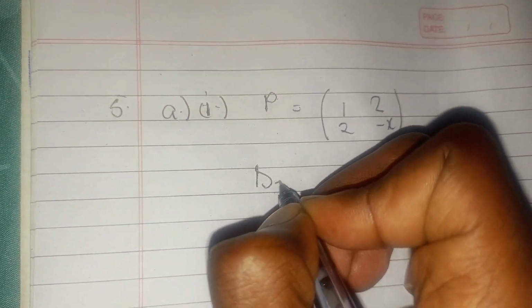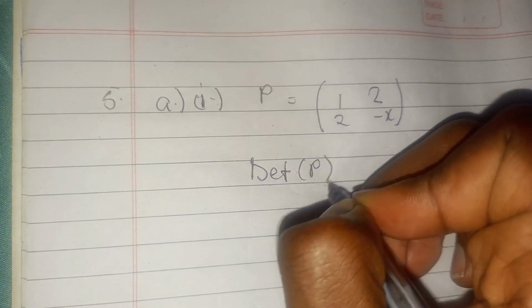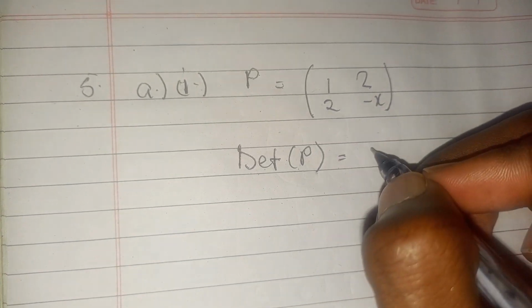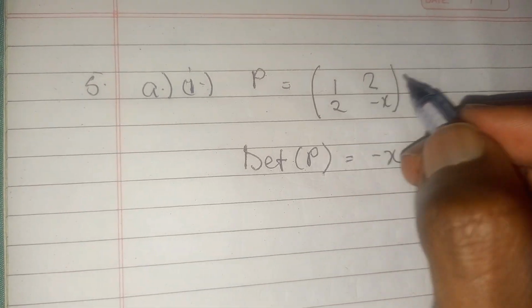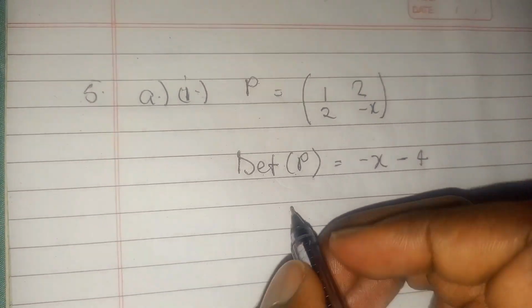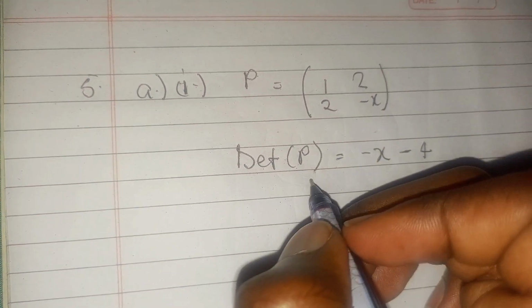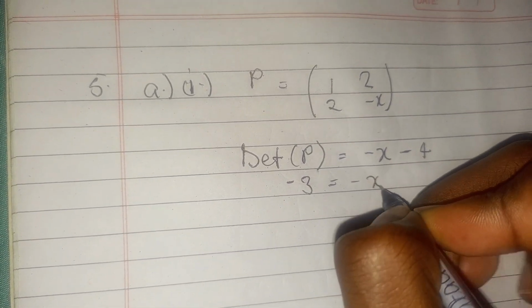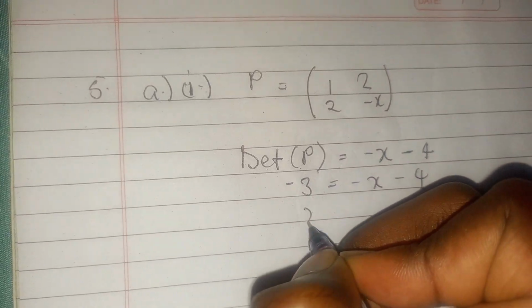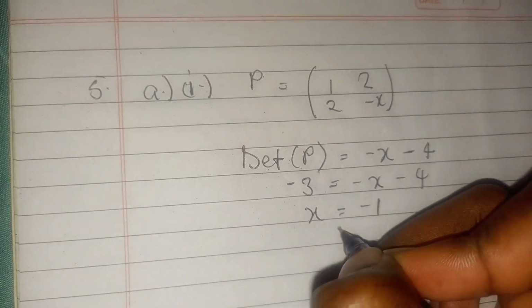So the determinant of P is equal to, you cross multiply the leading diagonal, and then you subtract the cross multiplication of the following diagonal. Replacing the determinant with minus 3, we have minus 3 equals minus x minus 4, and x is equal to minus 1.